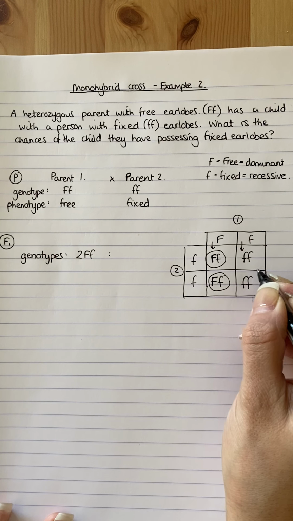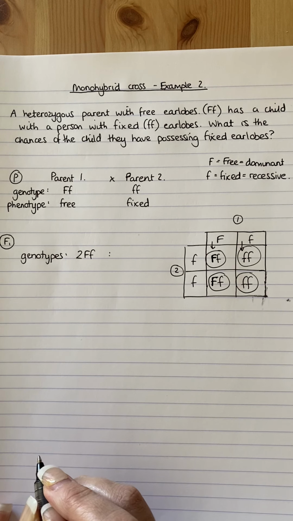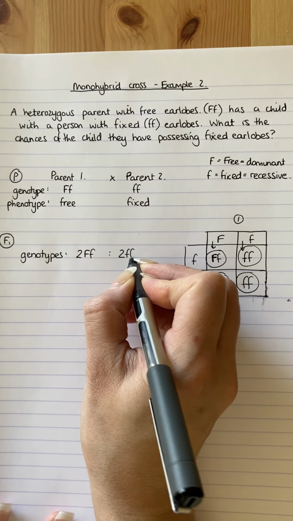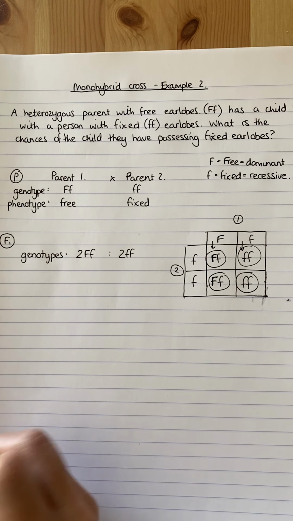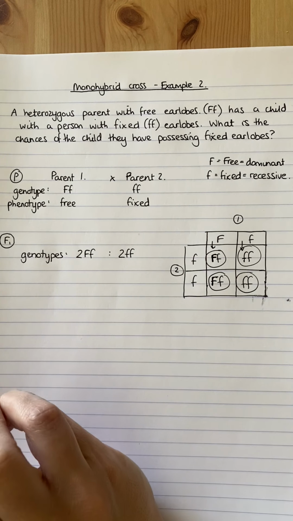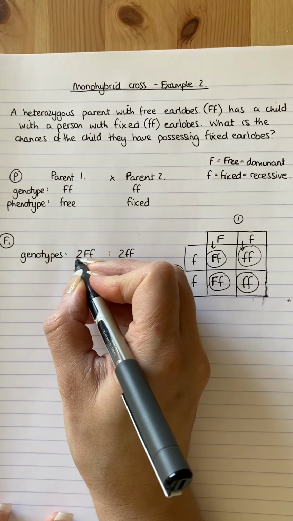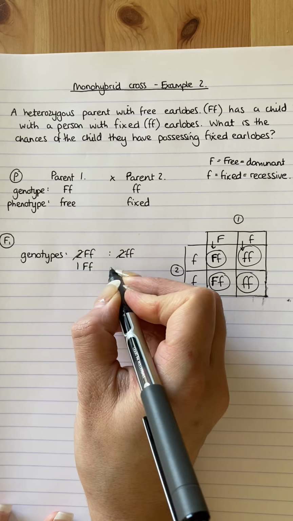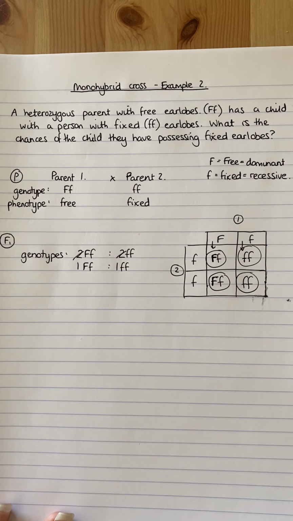And we also have two potential children with two small f's, so two potentially homozygous recessive children. This is called your genotype ratio. Because it's 2 to 2, we can simplify it by finding a common number to divide into them. We divide 2 into 2, and you would get 1 to 1. That would be your genotype ratio.